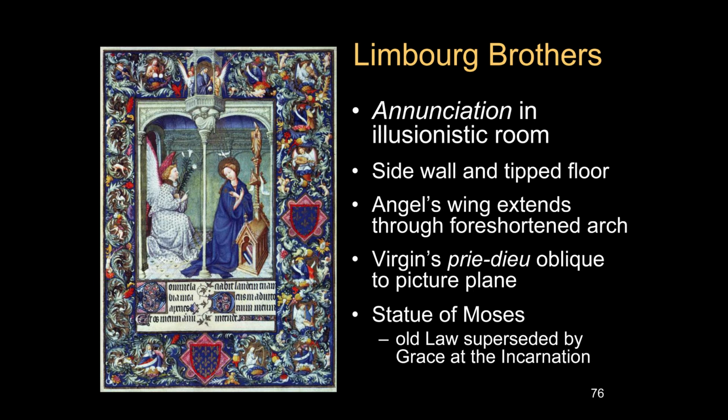And that is the moment at the Annunciation, when Mary says, "Behold the handmaid of the Lord." And you can see her making this submissive gesture by crossing her hands on her breast. And there's a little dove, the dove of the Holy Spirit, coming right toward her, and she's going to conceive the Christ child in just a moment. And that's the moment when God takes on human flesh.